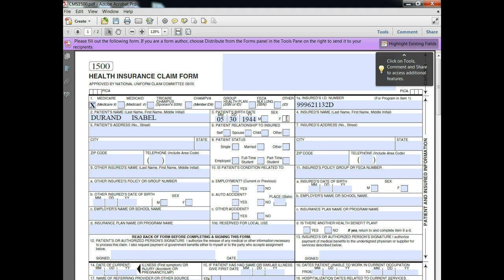She's a female. The insured's name, we'll put Durand, Isabel. Then insured's address, city, zip code, telephone. All we have to do is put same in here, and that'll carry all the way down to the telephone number.